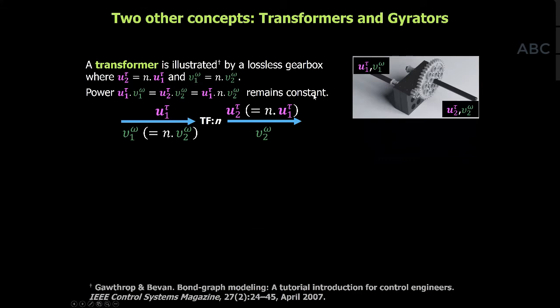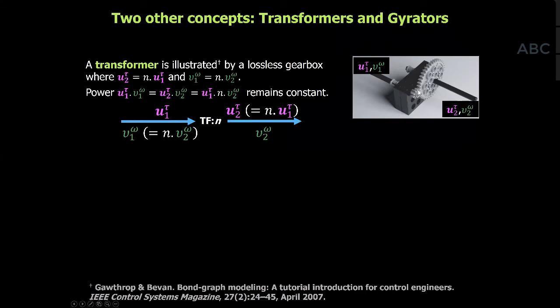And the first one is the idea of a transformer. The best way of illustrating this is a gearbox, because if you have a shaft coming in with a particular rotation speed and particular torque, and you want to produce an output which has a much higher torque at a lower speed, lower angular velocity, then you do it by a gear ratio.